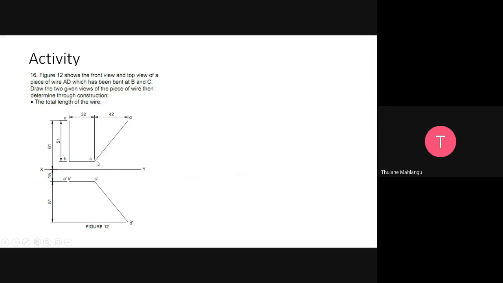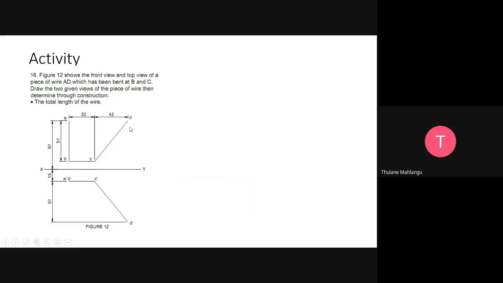Now you are short with CD. CD is not parallel to the origin from the front view, and also is not parallel to the origin from the top view. So it means line CD is an oblique line.